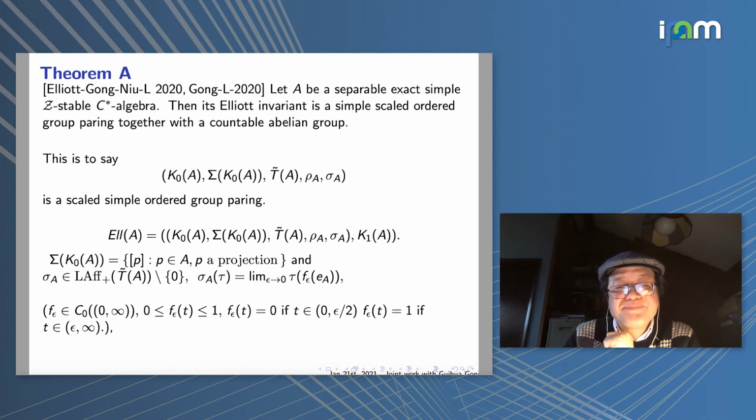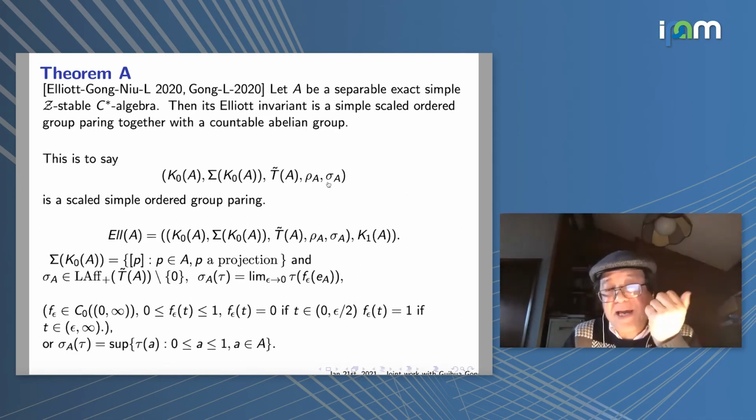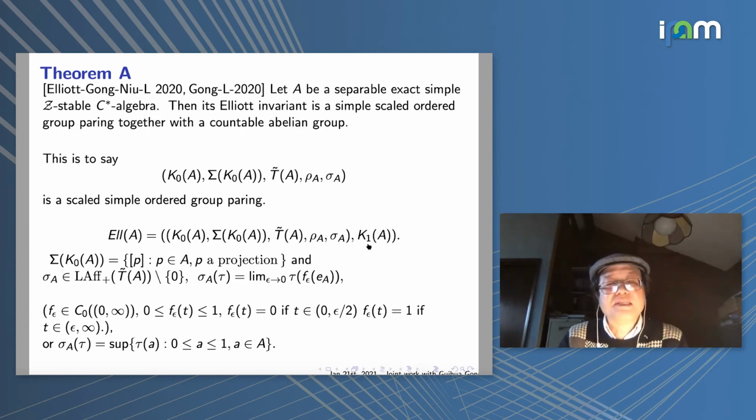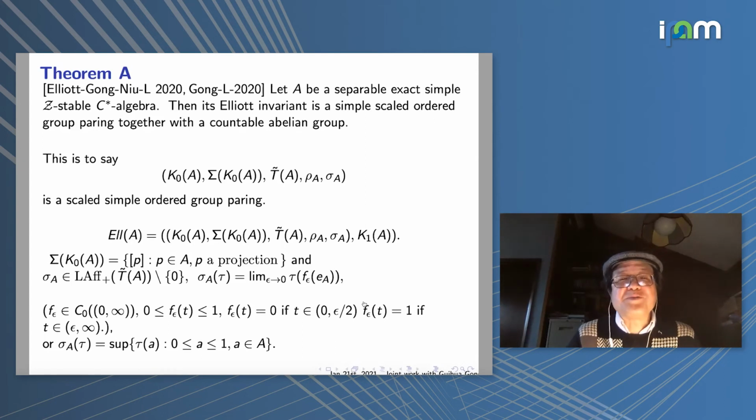It's a scale, and rho is a pairing. And the Elliott invariant is this six-tuple, so there's a simple ordered group pairing together with the K1 of A. So this is what we call the description of the invariant. And it's a theorem, if you think it's just a definition. All right.